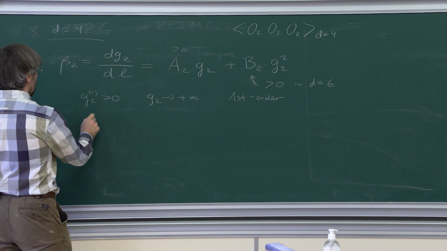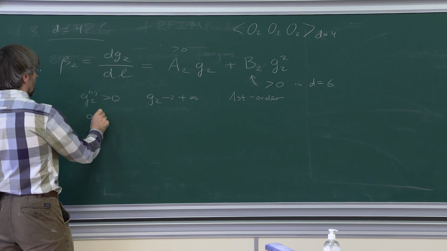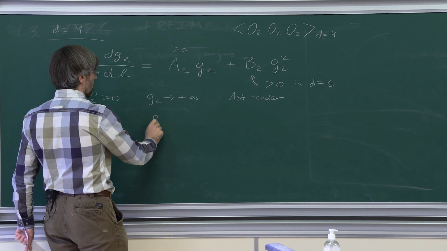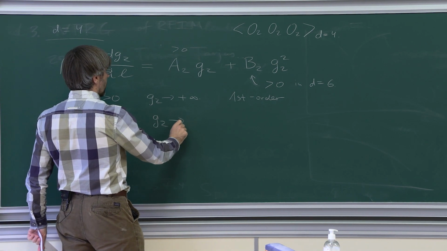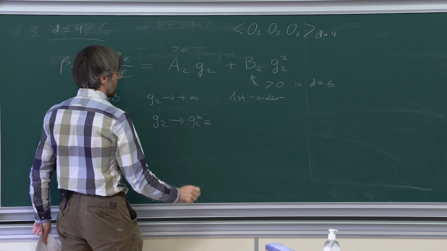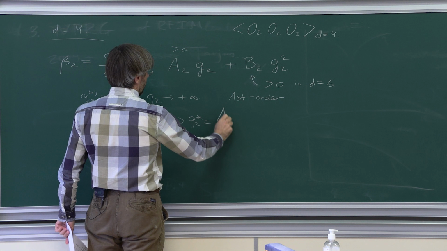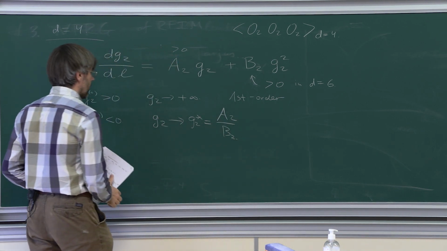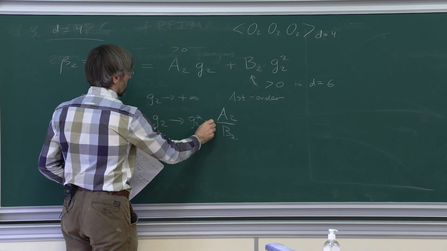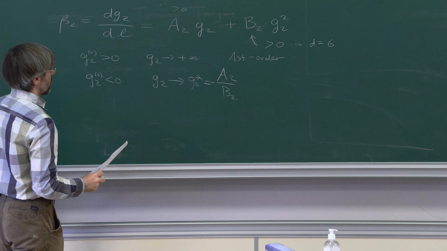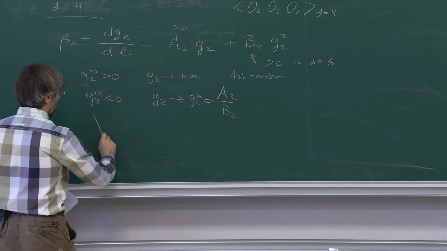And if the initial value of G2 is negative, then G2 is going to flow to a fixed point, which is equal to minus A2 over B2. So the beta function has this form.